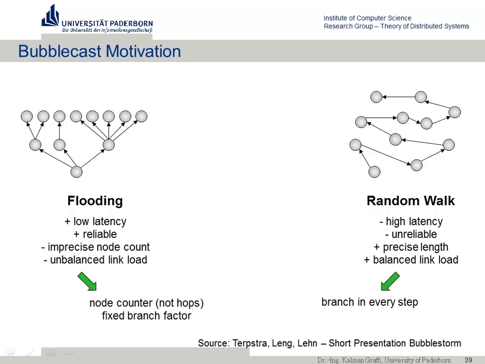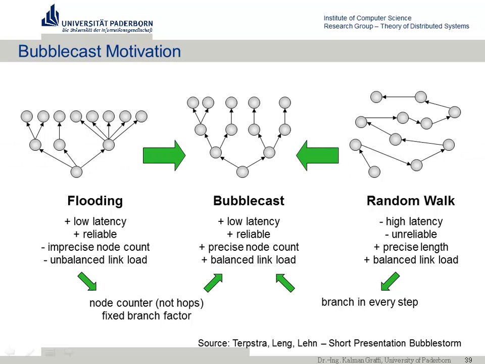So, as you can see, the presentation is from the persons who also created BubbleStorm, so it's very motivating for it. According to them, they took the best of both worlds. From flooding they took not a hop counter, but a node counter. So they count how many nodes they reach. And they also had a fixed branch factor.